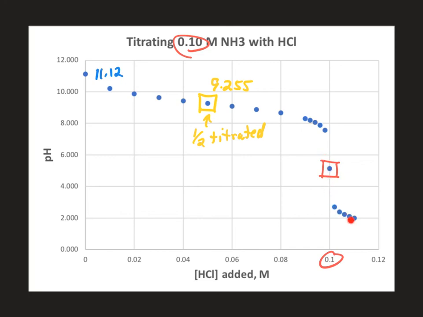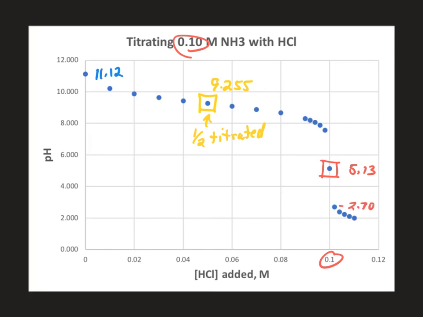Instead of going up, it would go down, getting more and more negative, and then less and less negative as we came out of our inflection point. We could use the second derivative to determine the equivalence point. If we were wanting to use an indicator, the equivalence point pH is 5.13.